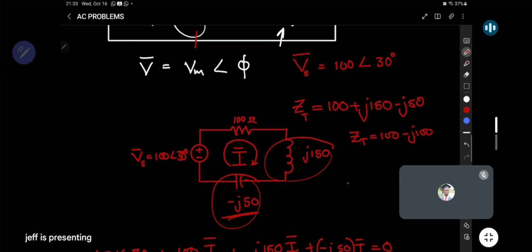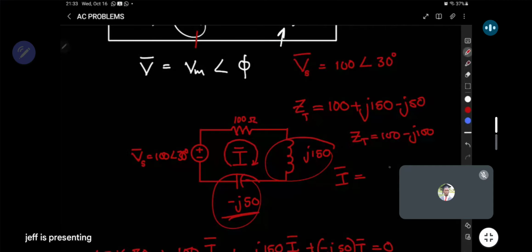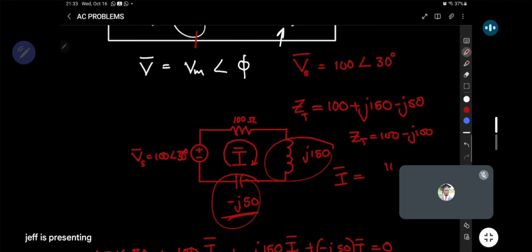Now when you use Ohm's law in phasor form, the corresponding phasor current for this circuit will be the supply voltage, which is 100 phase 30, divided by the total resistance, which is the total impedance in this case. Notice that this was plus because this was greater, so this will be plus here.